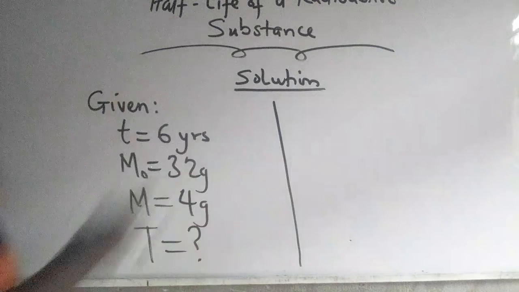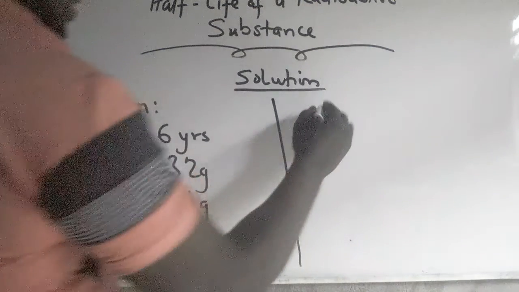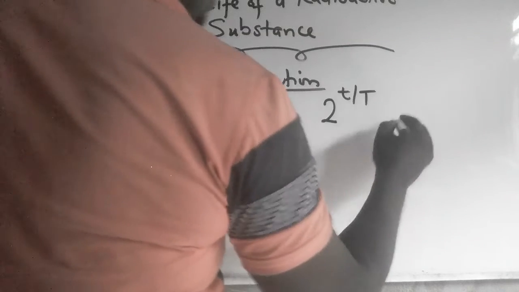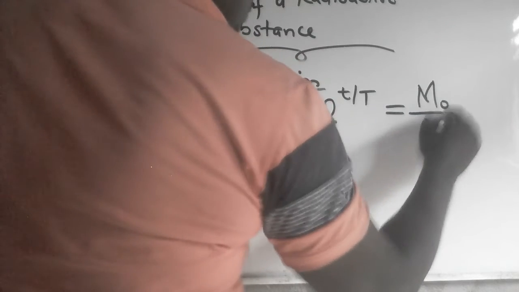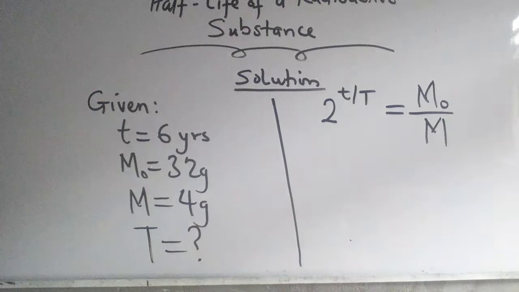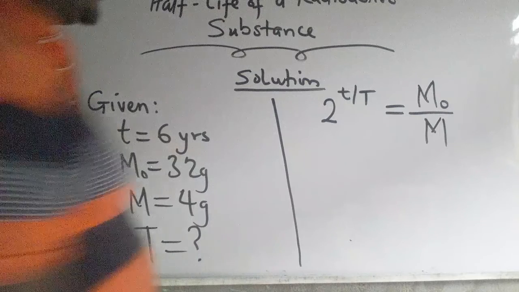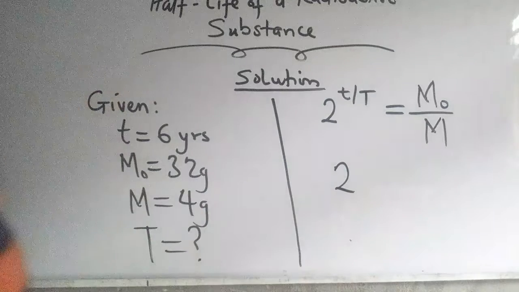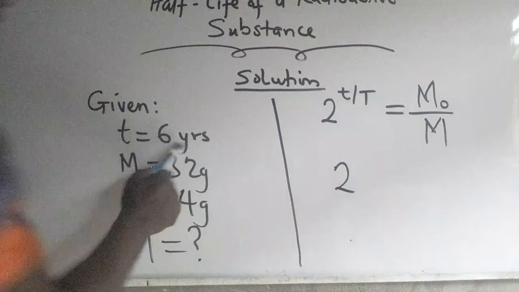All right, let's look at the formula. The formula says that 2 raised to power t all over capital T is equal to M naught all over capital M. We now substitute our values. And so we write 2 raised to power, the small letter t is 6 years.